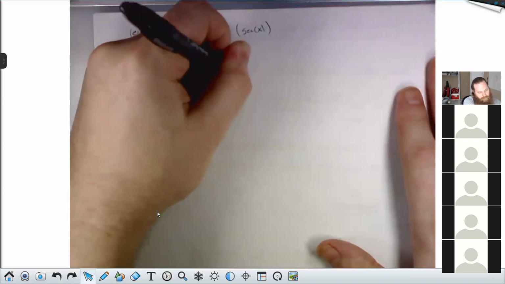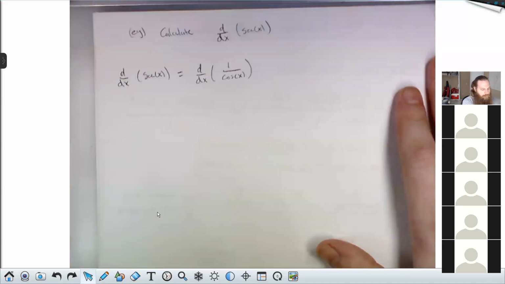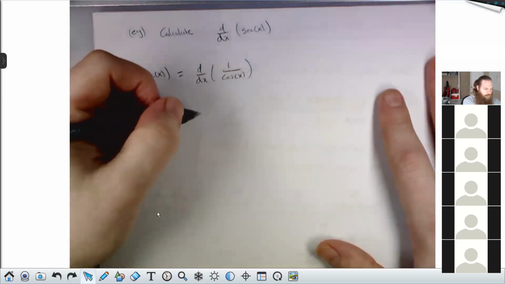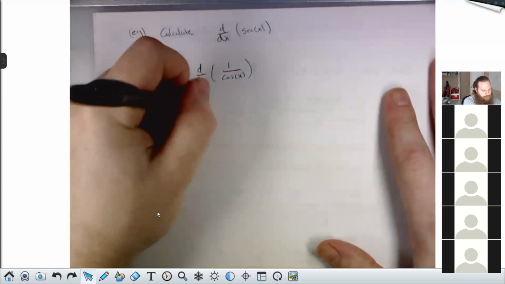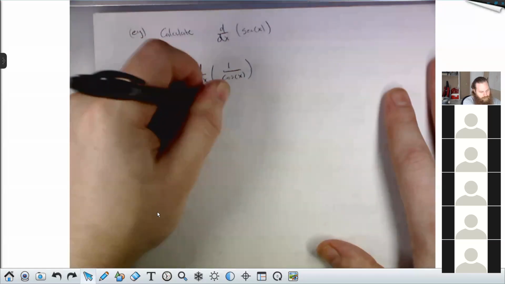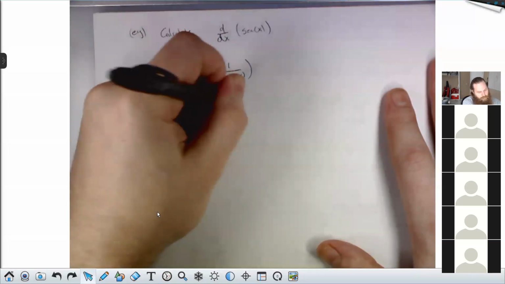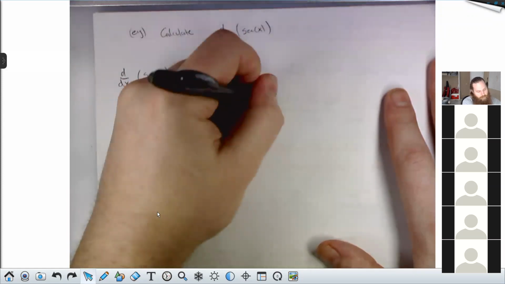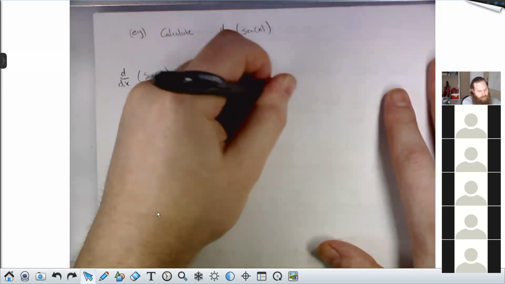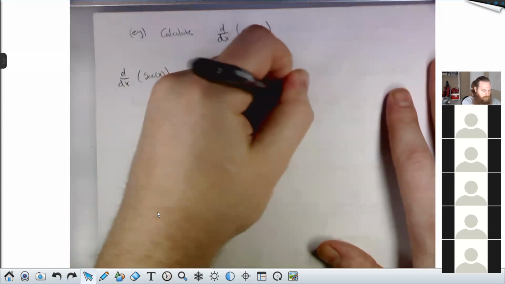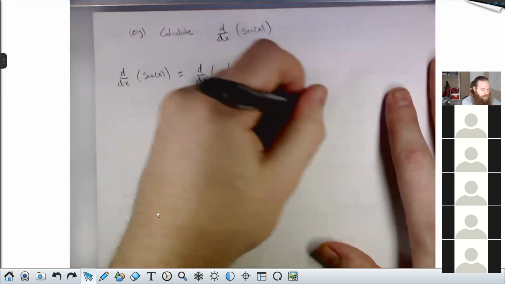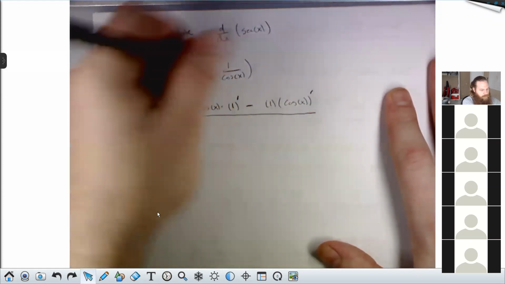That's just the definition of secant. So I will apply the quotient rule. That is the bottom times the derivative of the top, so this is cos x times the derivative of 1, minus the top, which is 1 times the derivative of the bottom, all divided by the square of the bottom.